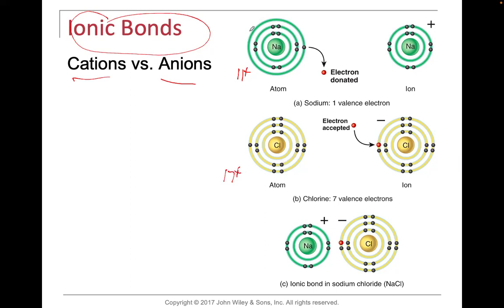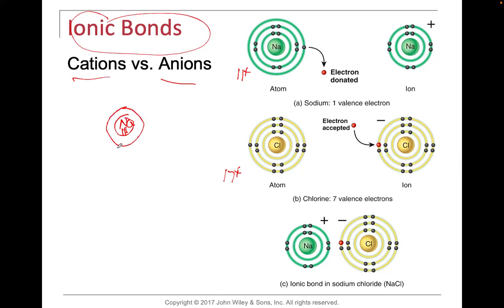So let's do the math. Let's do it from fresh. So if we have over here sodium, and let's say that's the nucleus of sodium with the protons and neutrons, and we say there's 11 protons, let's start plugging in the 11 electrons.